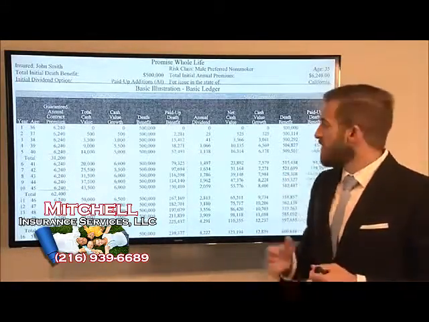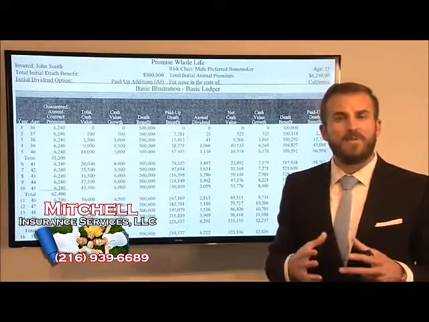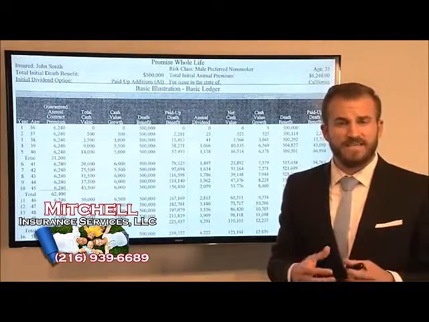Now, a lot of agents I talk to, when they explain it, they say, well, the non-guaranteed side is what we're currently paying, and the guaranteed side is worst case scenario. Well, that's all they say. What we want to do is elaborate on exactly what is worst case scenario.